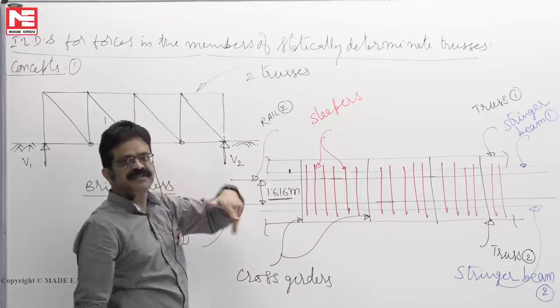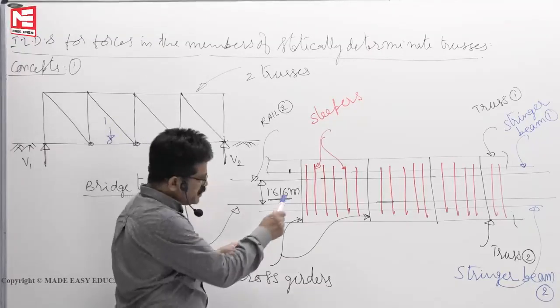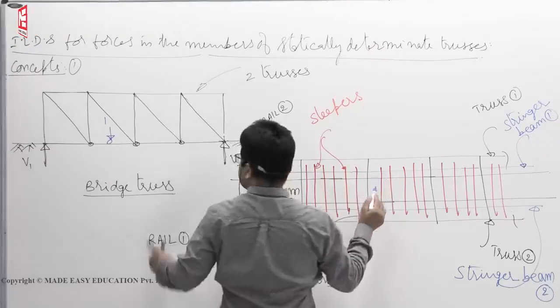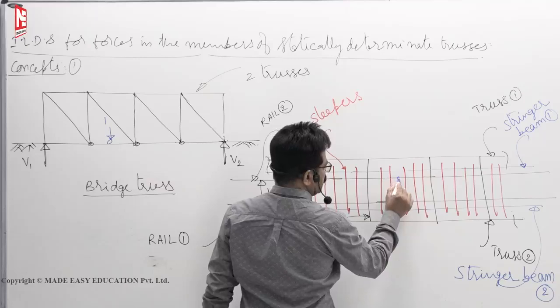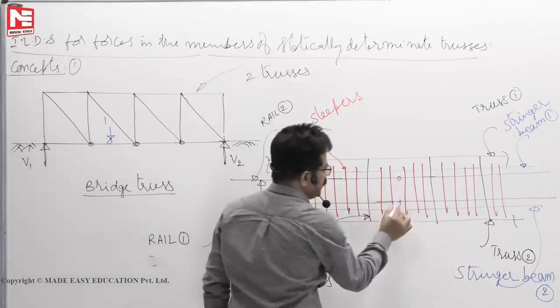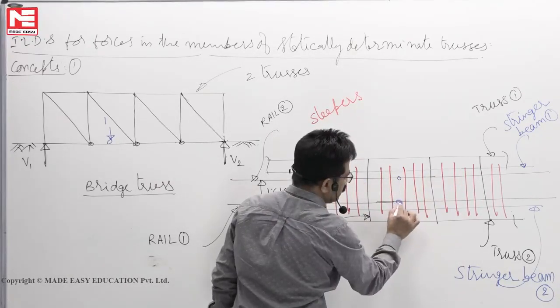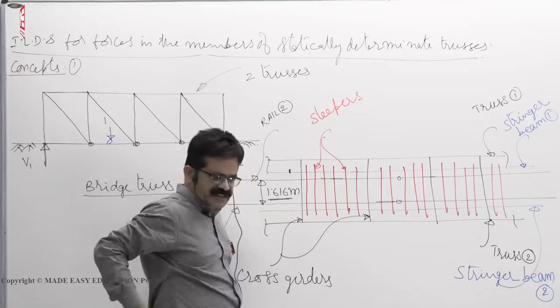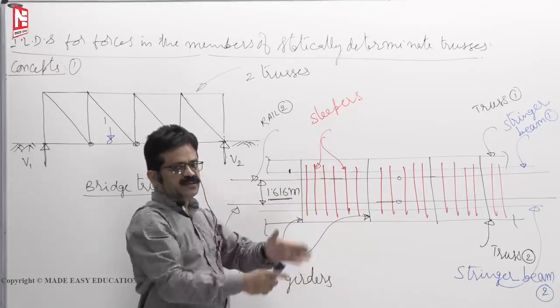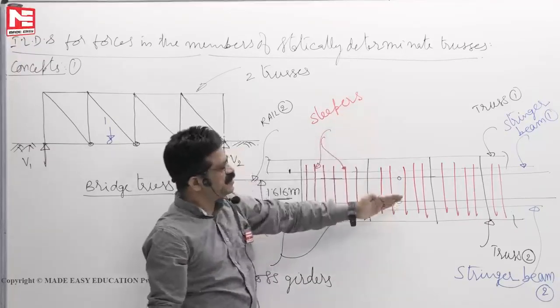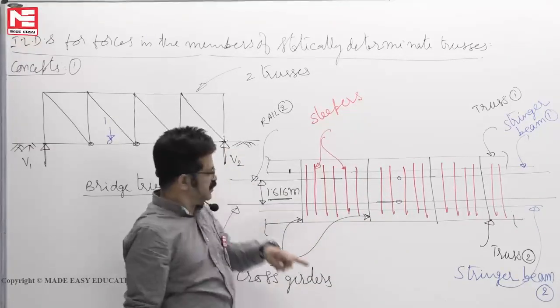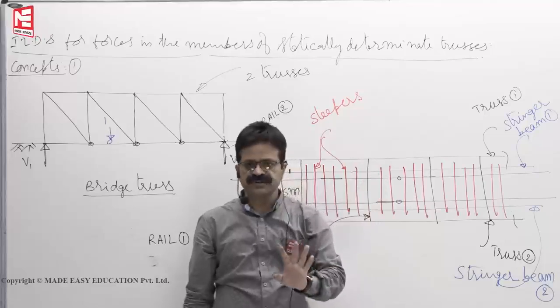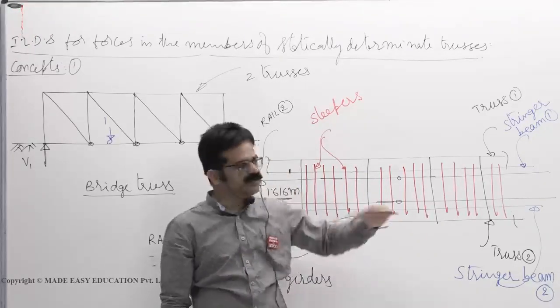Now in this diagram, exactly at center, one set of wheels runs here, another set of wheels runs here. Two sets of wheels: one set of wheels is for this truss, another set is for the other truss. So cut here, throw this piece out. Half we remove, only half we will take.